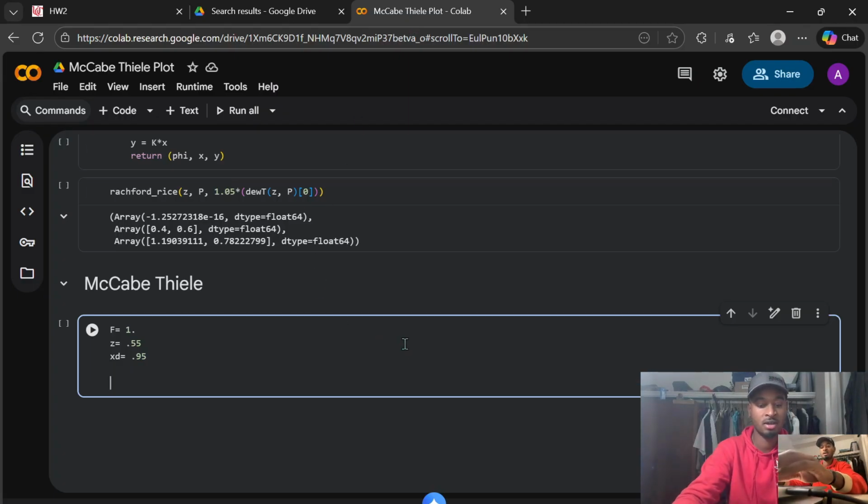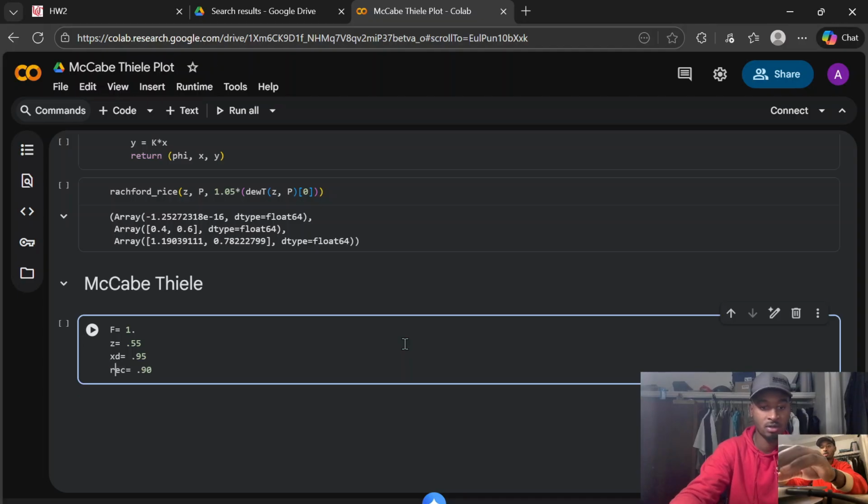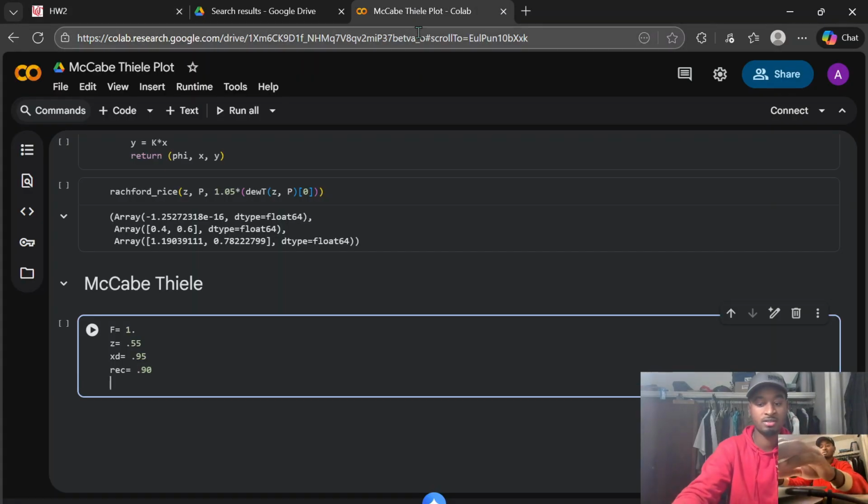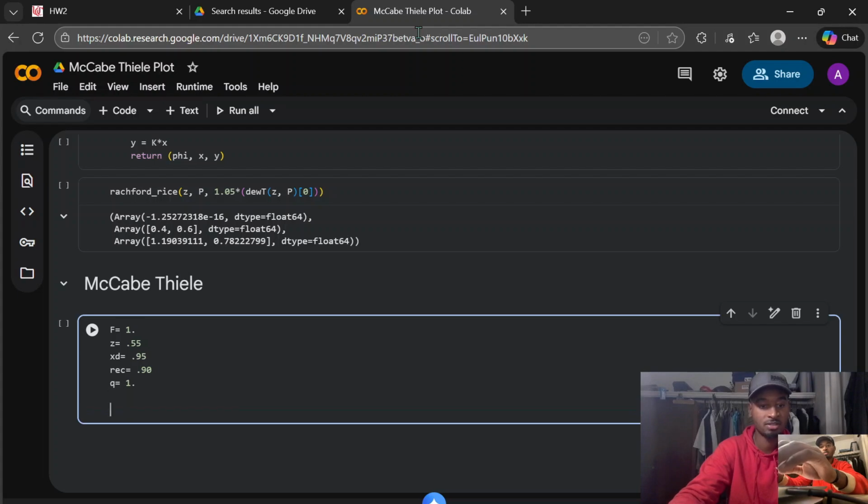So we can say rec is equal to 0.9 here, and that'll help us with this assignment greatly. That's all that we're given, and then we're able to say Q is equal to 1. So you can say Q equal to 1 here. These are all of our parameters that were given here.